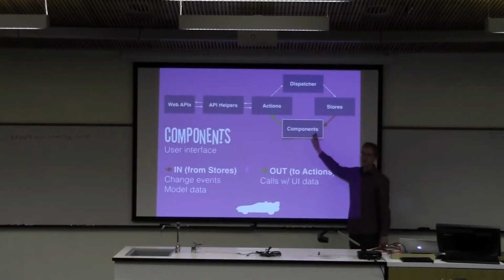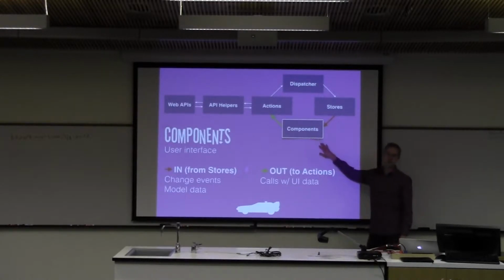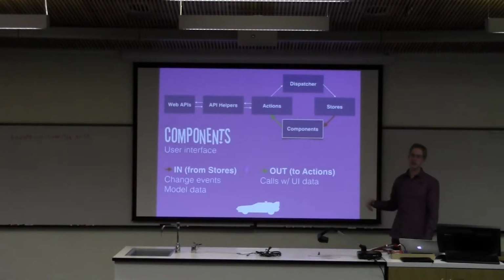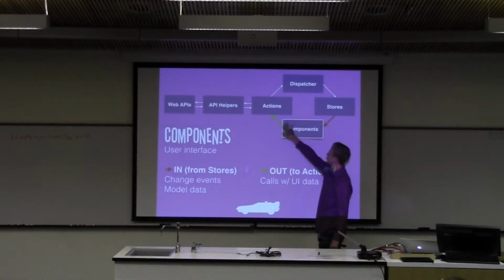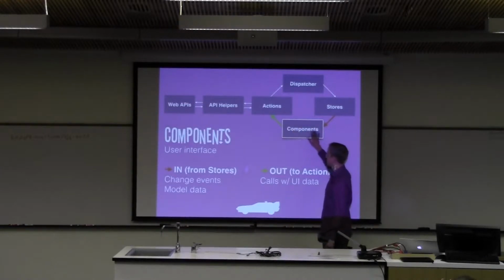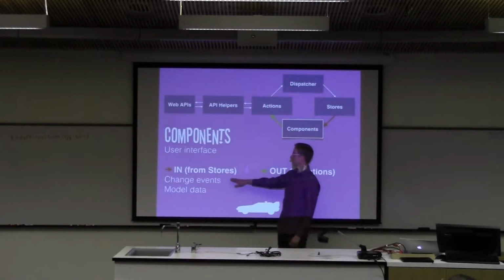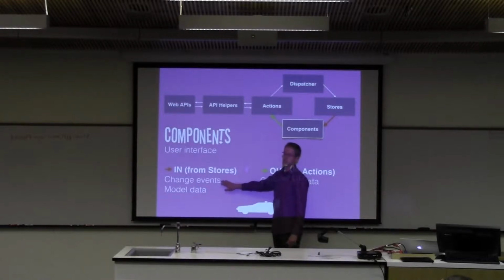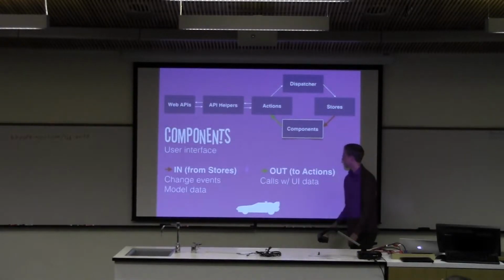If we start on components, this is the thing that most people who have done some React know something about. React itself is actually providing you components. Components are those things that make up your user interface. And in terms of Flux, it's just going to hook in this relationship of how the data flows. So if you think of your UI here as components, it's going to know about when changes to state happen, and it's going to get that model data.